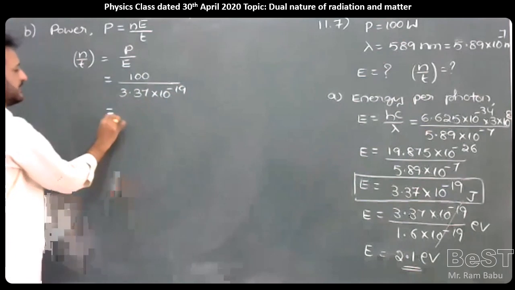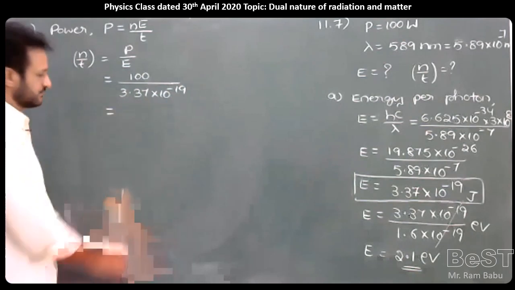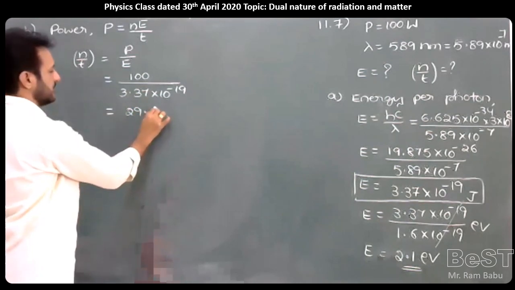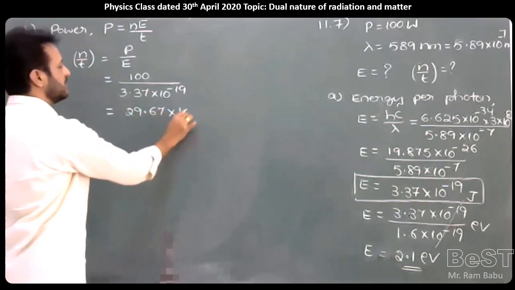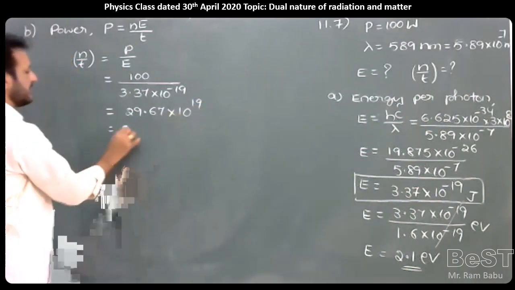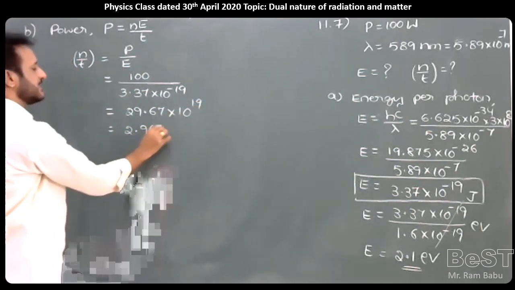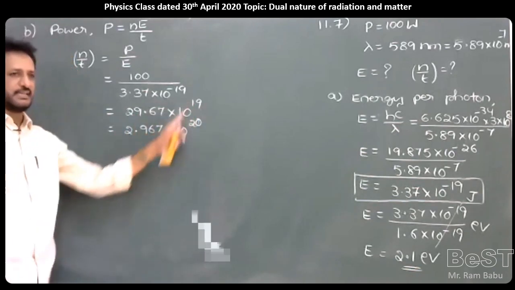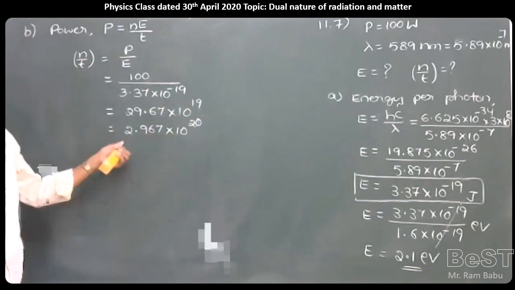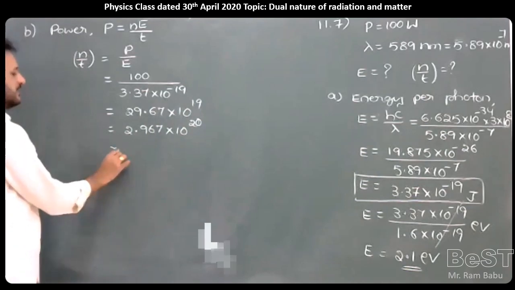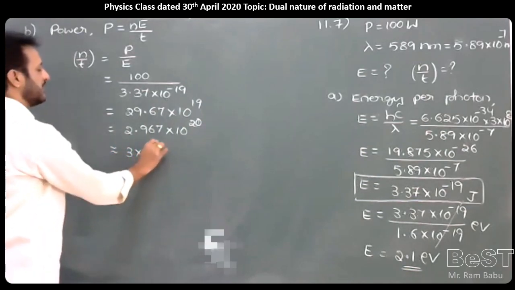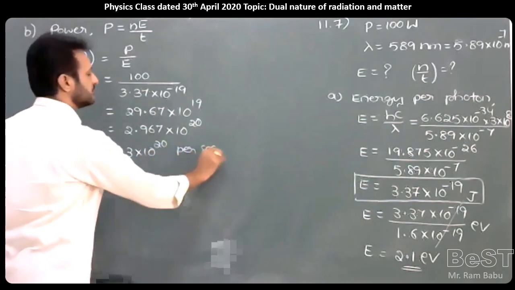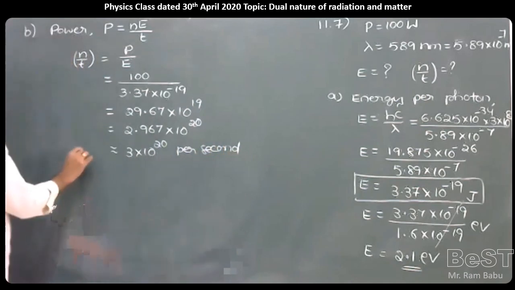So 100 by 3.37 is 29.67 into 10 to the power of plus 19, or we can write 2.967 into 10 to the power of 20. Or round off this value to approximately 3 into 10 to the power of 20 per second. So that is equal to n by T.